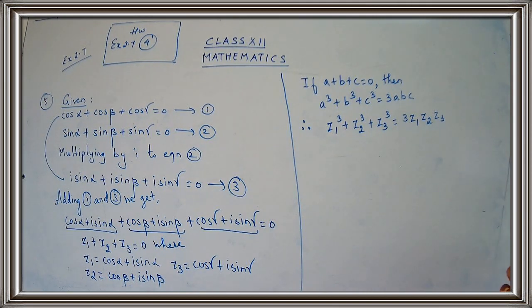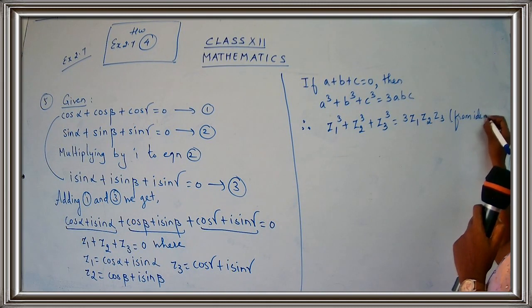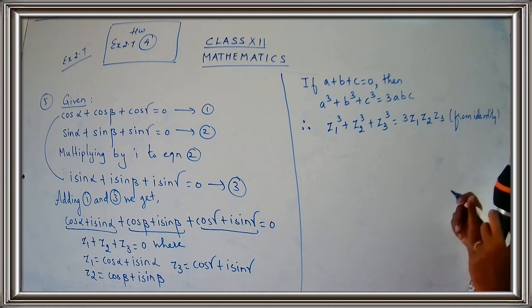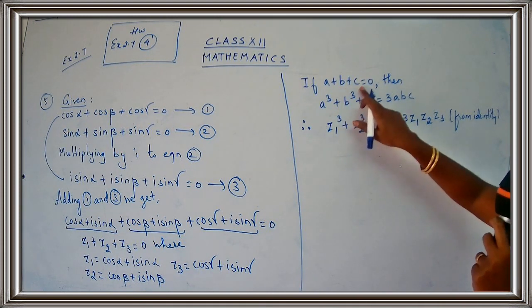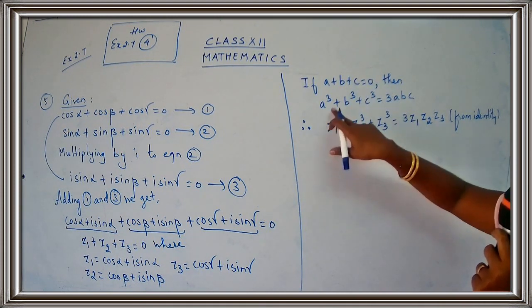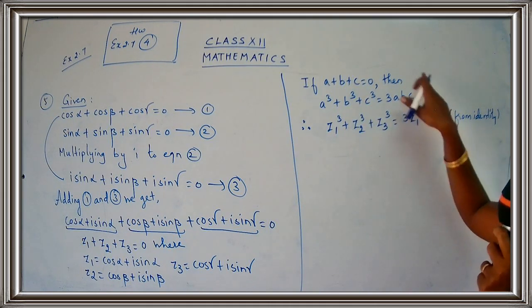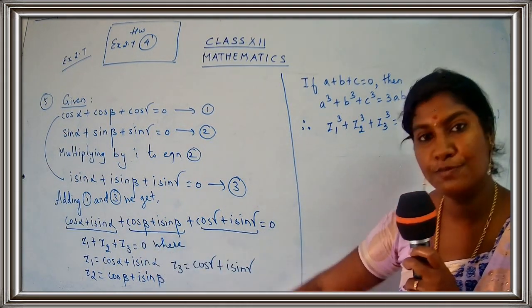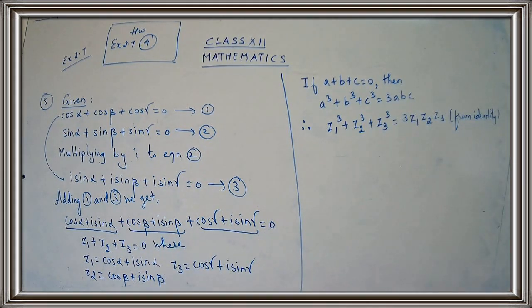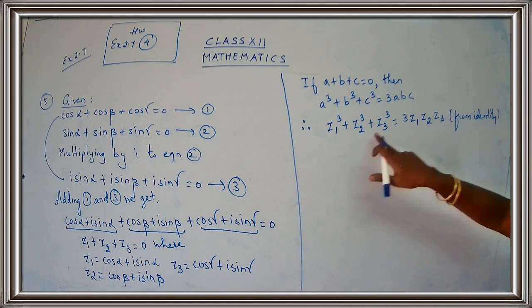I hope you are clear on the identity. So if A plus B plus C is equal to 0, then A cube plus B cube plus C cube is equal to 3ABC, and I am using this identity for the complex numbers. So Z1 plus Z2 plus Z3 is equal to 0 gives Z1 cube plus Z2 cube plus Z3 cube is equal to 3 Z1 Z2 Z3.